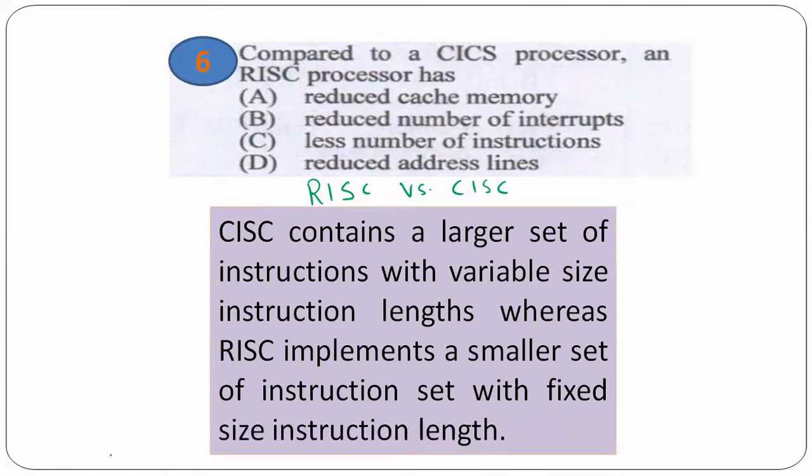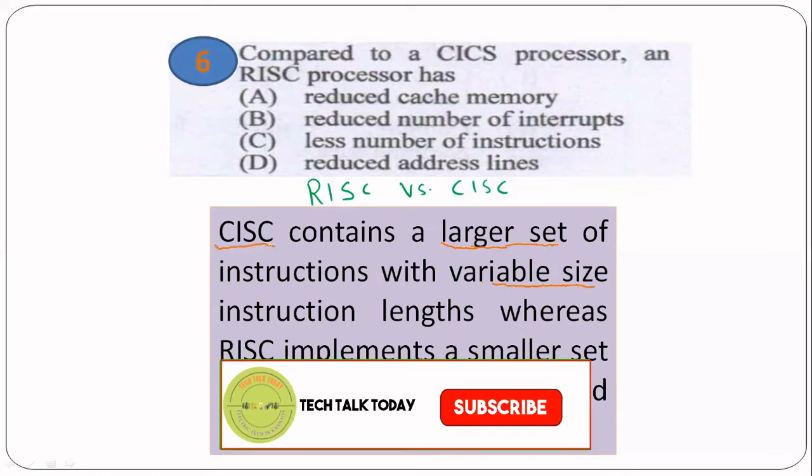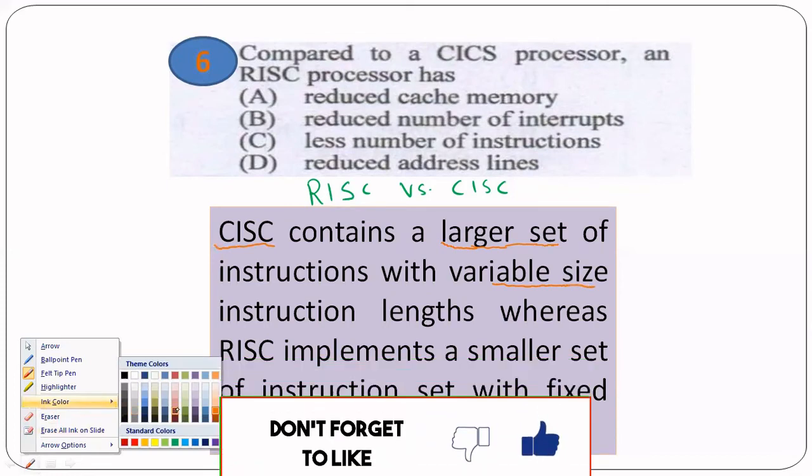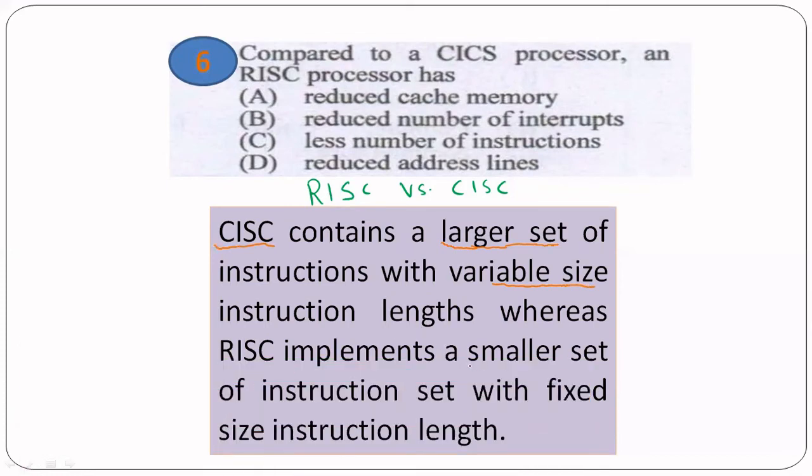Generally, the architecture of CISC contains a larger set with variable size of instruction, whereas RISC executes a smaller set of instructions with fixed size of instruction length.